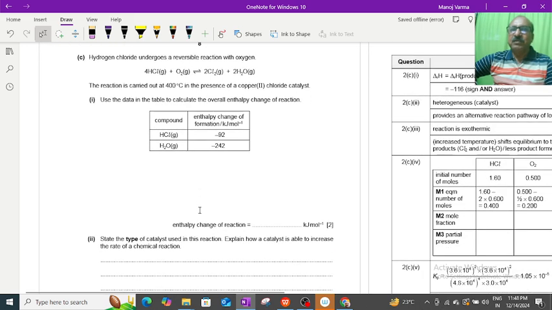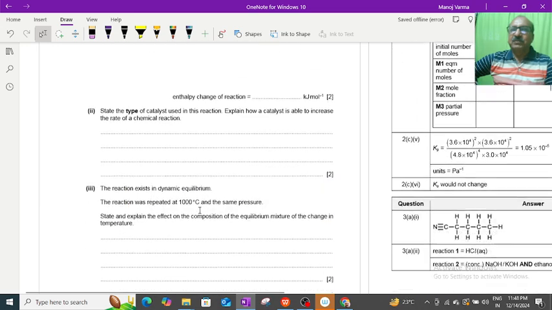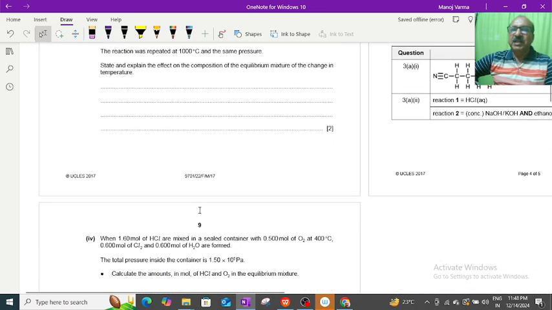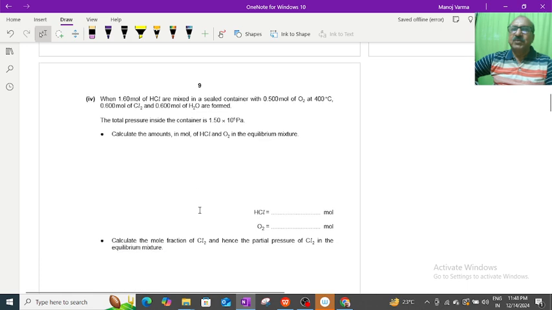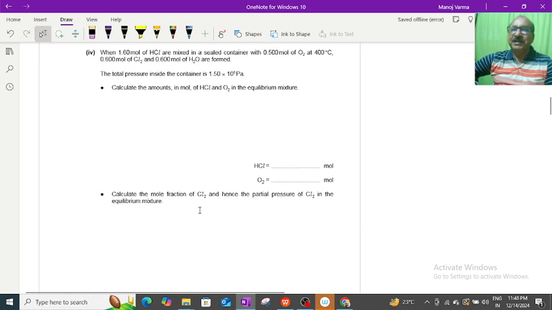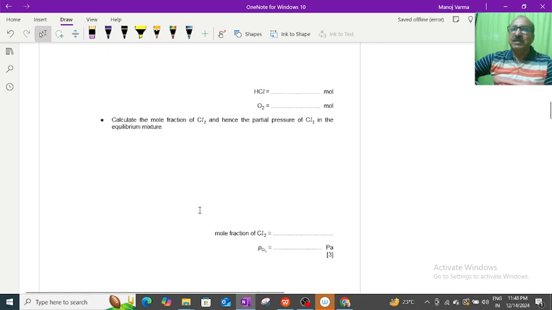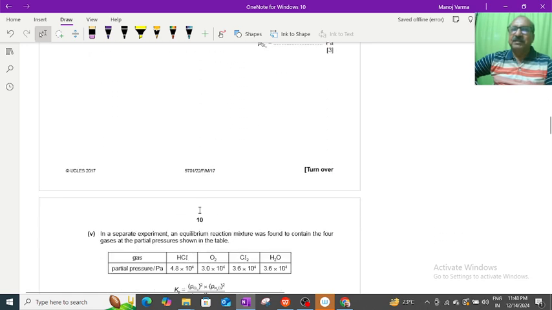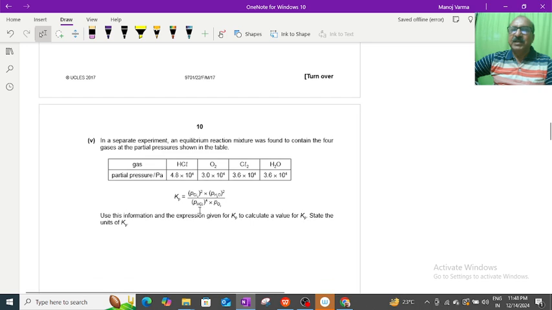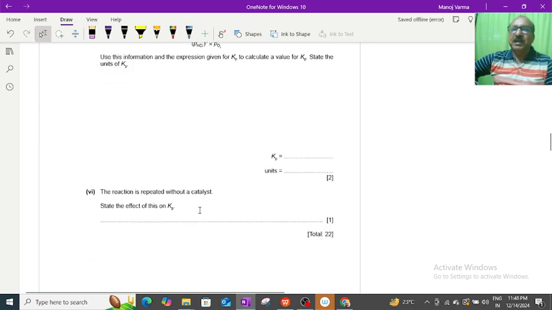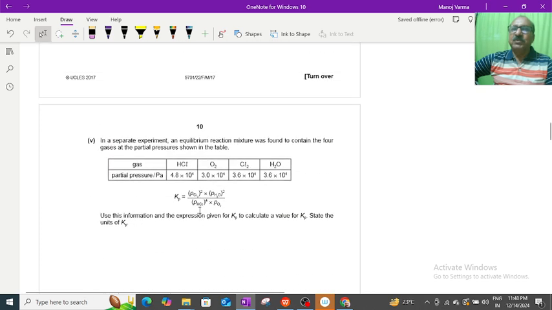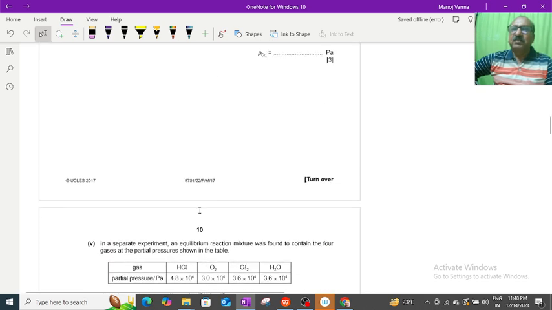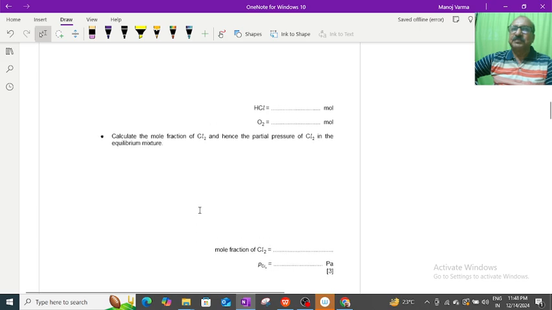But then if you go further, on the basis of the same question, they switch over to equilibrium, right? In the same question, they have asked questions on equilibrium, and that continues with equilibrium. So you have to know both the chapters to be able to solve this question.